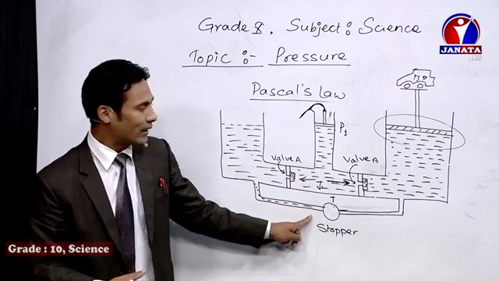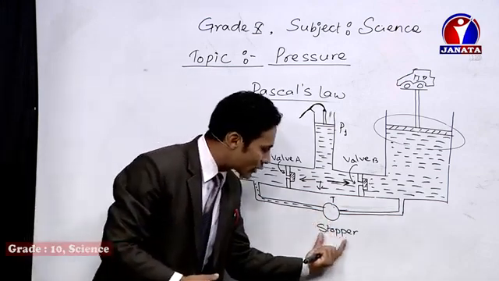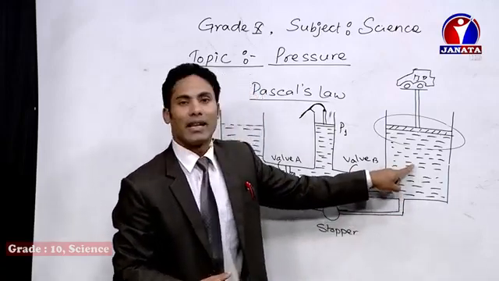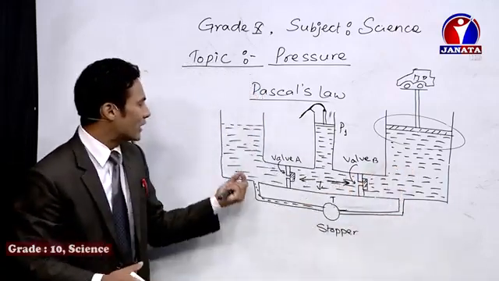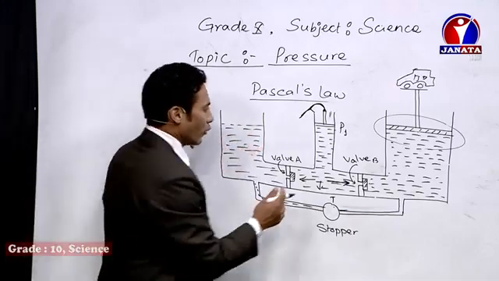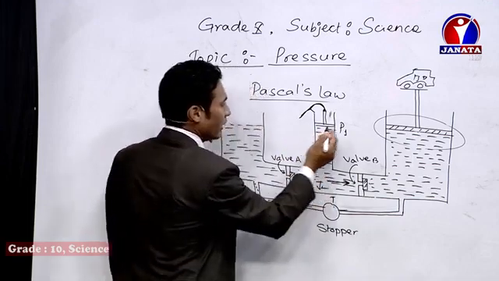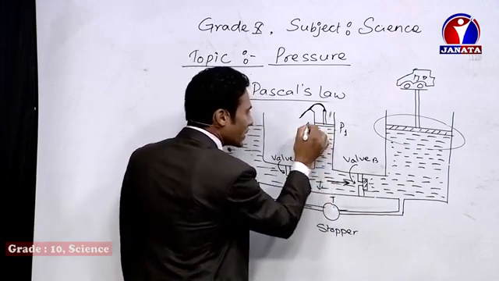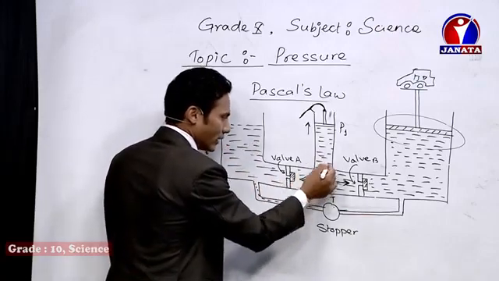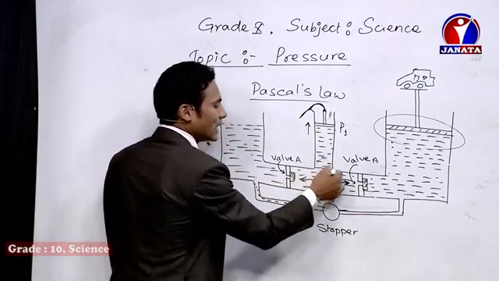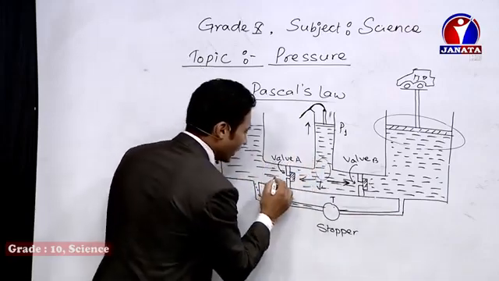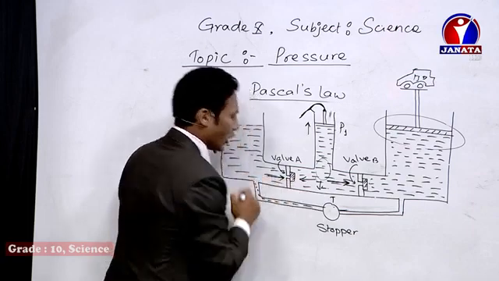Whenever we open this stopper, the liquid from this larger cylinder is transmitted to the reservoir. Similarly, when we lift the piston upward, the pressure decreases and some space is created, and this space is filled with liquid from this chamber.